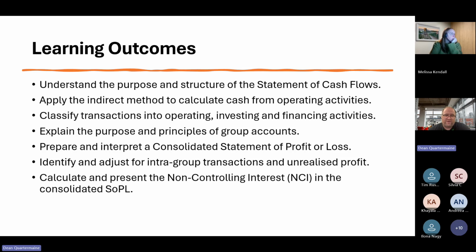Be able to identify and adjust for intra-group transactions and this concept of unrealised profit, and be able to calculate and present non-controlling interest within a consolidated statement of profit or loss. When we consolidate the statement of profit or loss, a bit like the statement of financial position, there are elements that belong to the non-controlling interest. We need to be able to calculate and present that correctly on our statements.